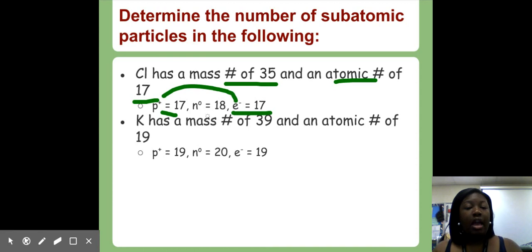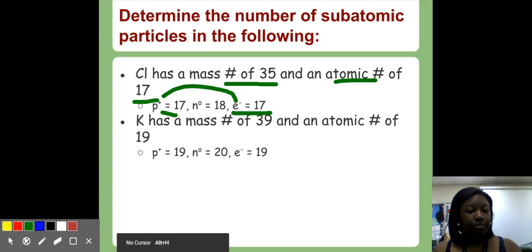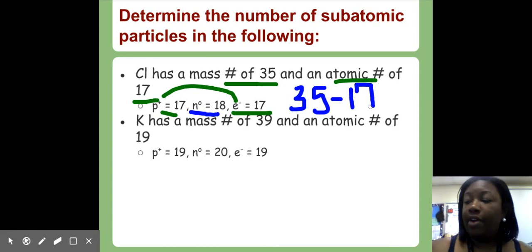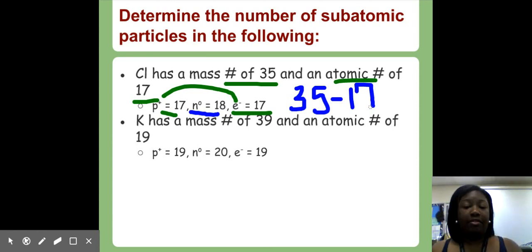And then we have 18 as our neutron, because we have to subtract 35 minus our 17. So 35 minus 17 gives us 18.